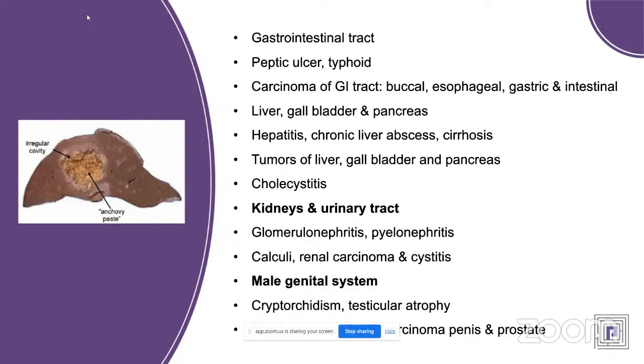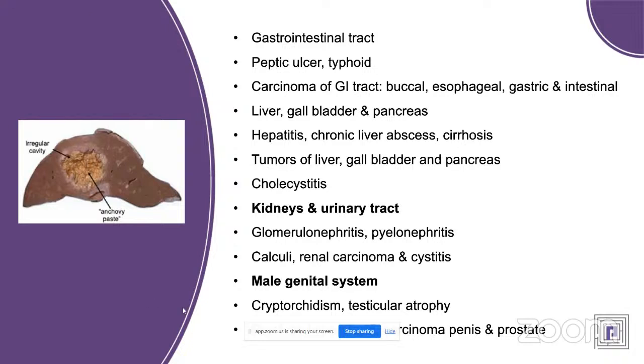And the next system is kidneys and urinary tract. So glomerulonephritis, which is the most common condition for renal failure, and pyelonephritis, renal calculi, renal carcinoma, and cystitis. Cystitis is the inflammation of the bladder. So in kidneys and urinary tract, these few topics are discussed.